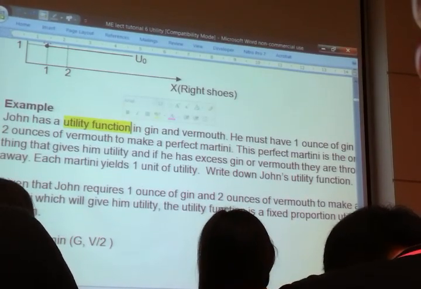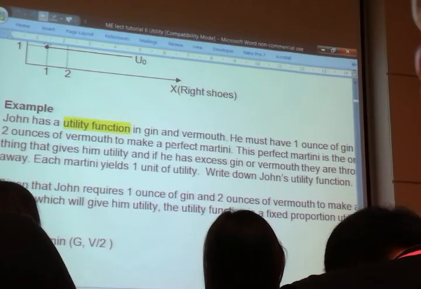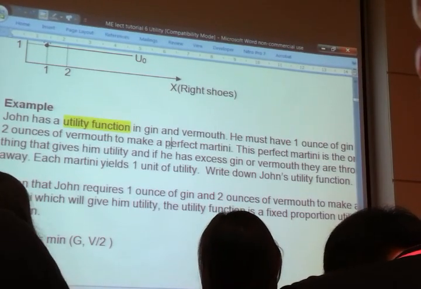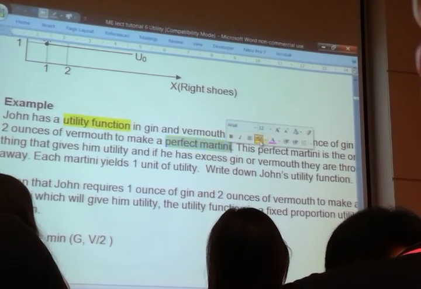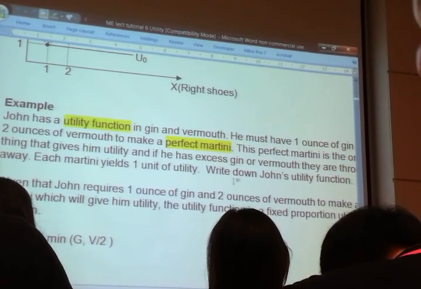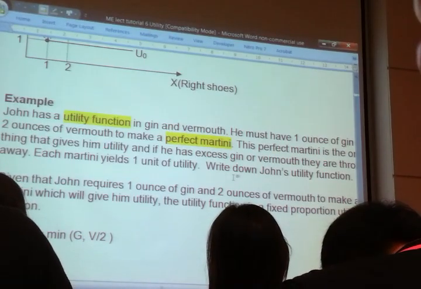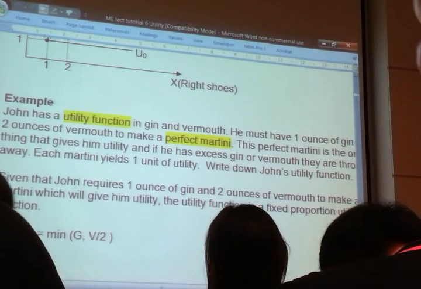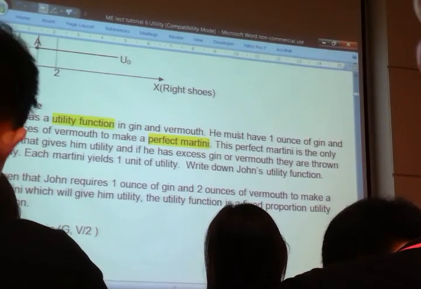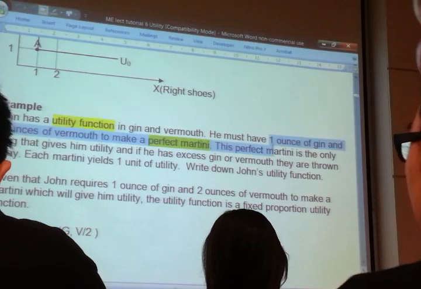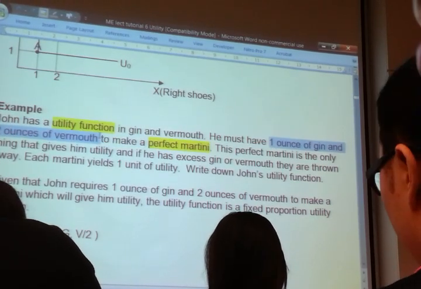Now, John derived utility from what? Martini. So it's the Martini that gives him the satisfaction. But in order to have the Martini, what does he need? In order to create 1 Martini, he needs 1 gin and 2 of Vermouth.